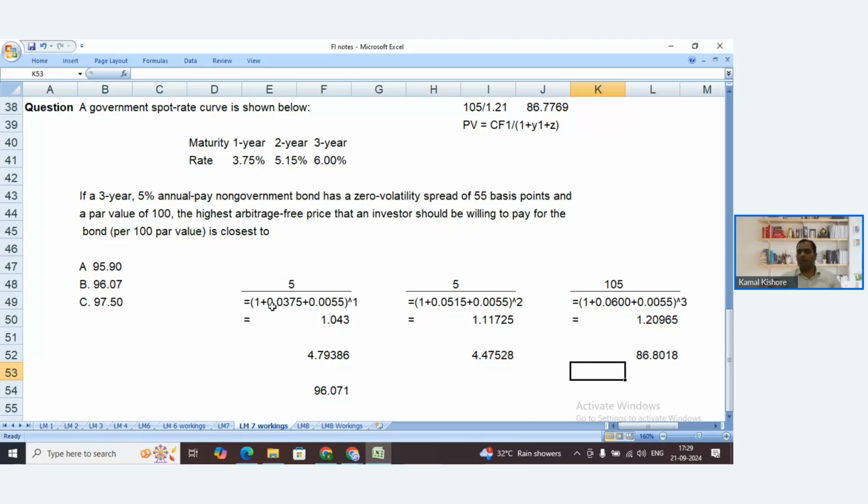Important: 55 basis points. How I am inputting that number in the calculator is also important. 55 basis points is not 0.55, it is 0.0055. Clear?